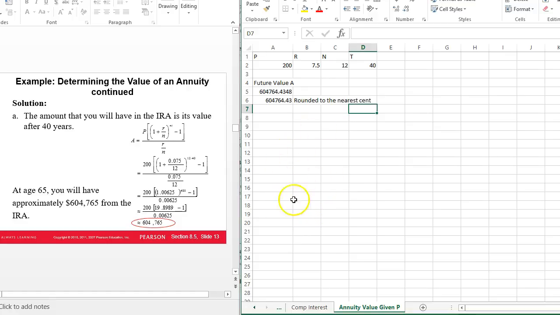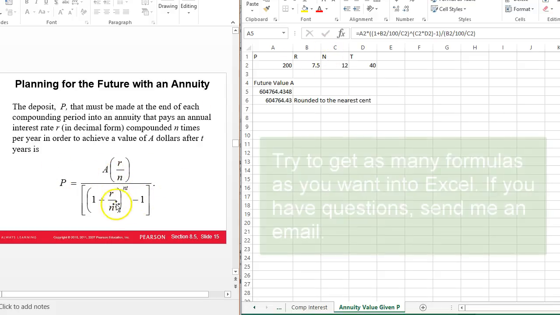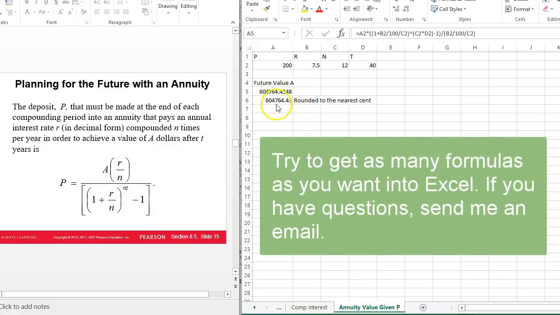Alright, now this is just showing you how to do it with a particular one that was a little bit more complicated. I want you to be able to do it to any single one of these. So if you want to come up with the monthly payment to get to your goal, you just do what we did. You know, make a place for A, make a place for R, make a place for N and T, and then type this in just like we did with our parentheses and our brackets and everything.